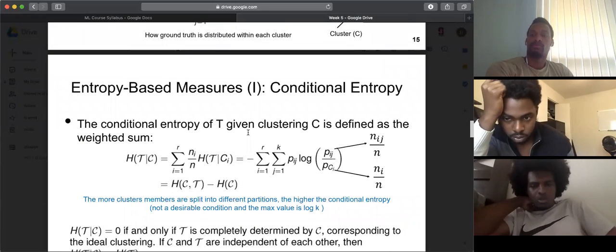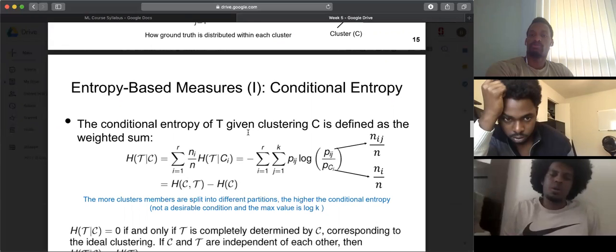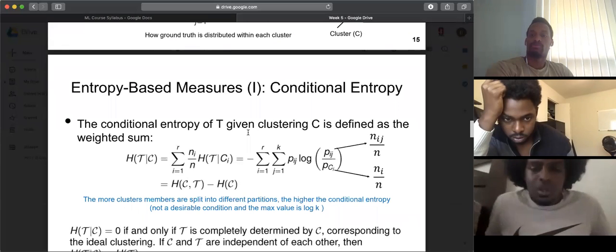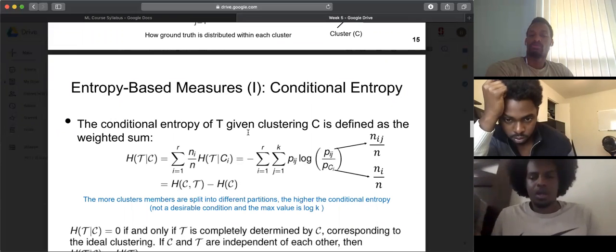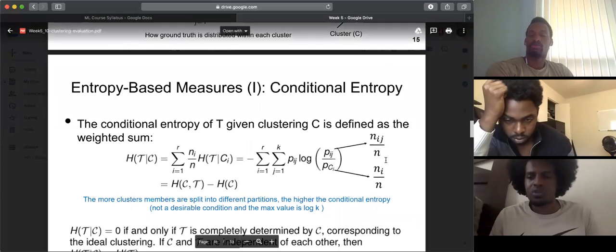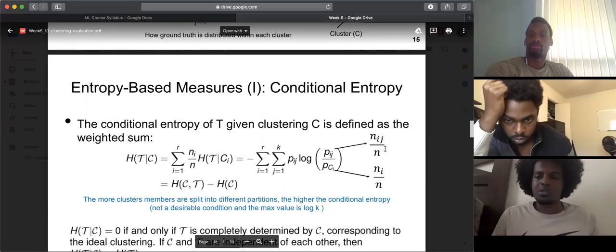They're doing the conditional entropy of T given clustering C. That results in a double summation where you take the probability I of J, which they've defined as N of I of J over N: all the data points that fall in both that cluster and that ground truth label over the total number of data points. And then P of C is the number of data points in that cluster over the total number of data points.